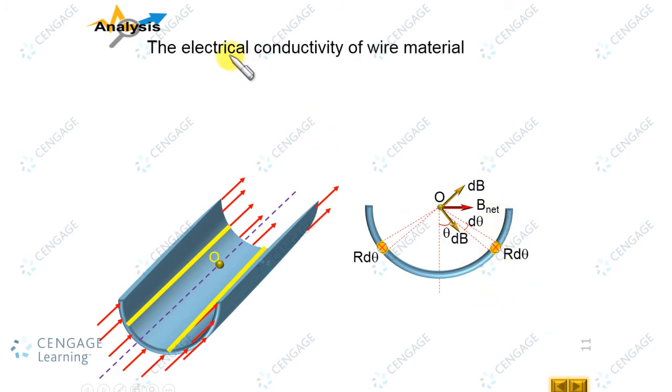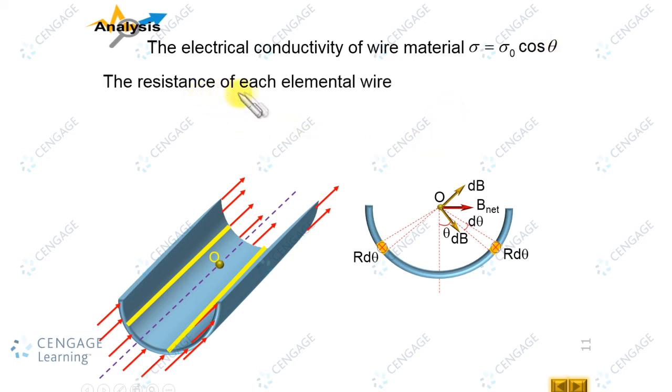Now we know the electric conductivity of the material is sigma equal to sigma naught cos theta, right? And we know the resistance of each element wire can be given by the relation R dash equal to L divided by sigma A. You might have learned the relation R equal to rho L divided by A. Rho is the resistivity, and we know conductivity is 1 divided by resistivity.